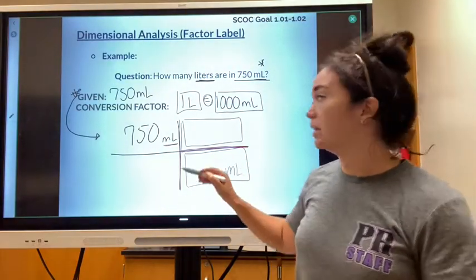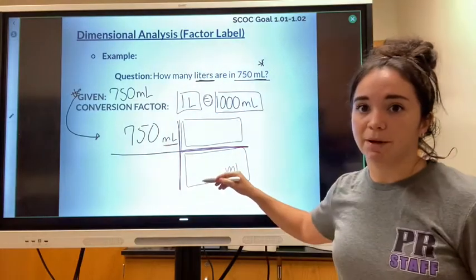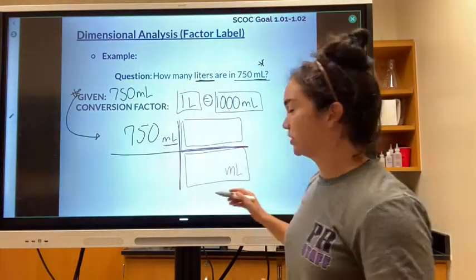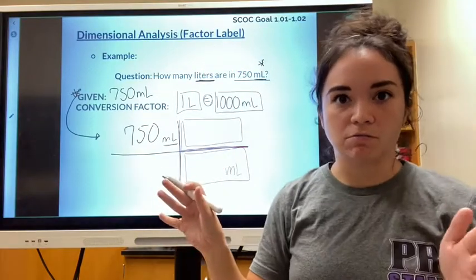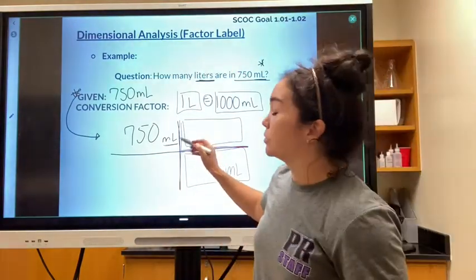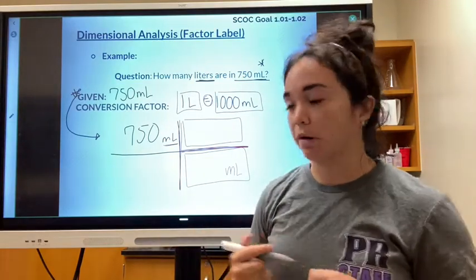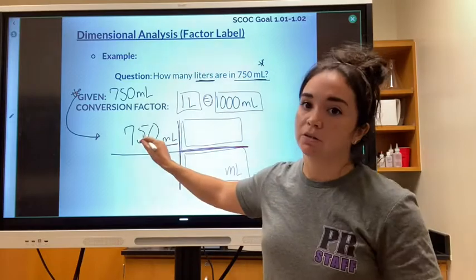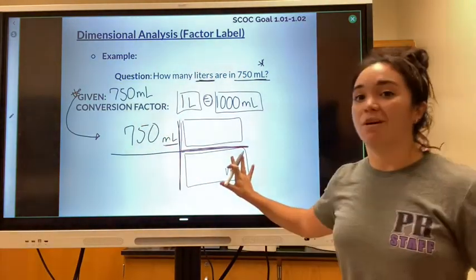The reason is that at the end we're going to multiply across the top and divide by the bottom. Since you're dividing something by itself, it cancels out. It goes away. That's our whole goal, to cancel out those units that we don't want to see anymore. Since we're starting with milliliters, we need to get rid of milliliters, so milliliters are going to go on the bottom.